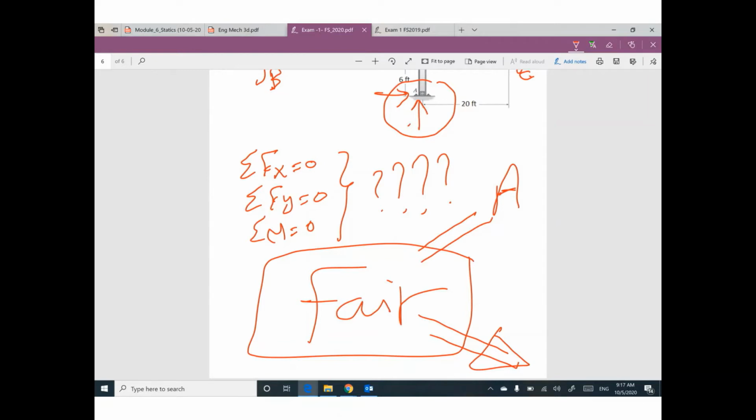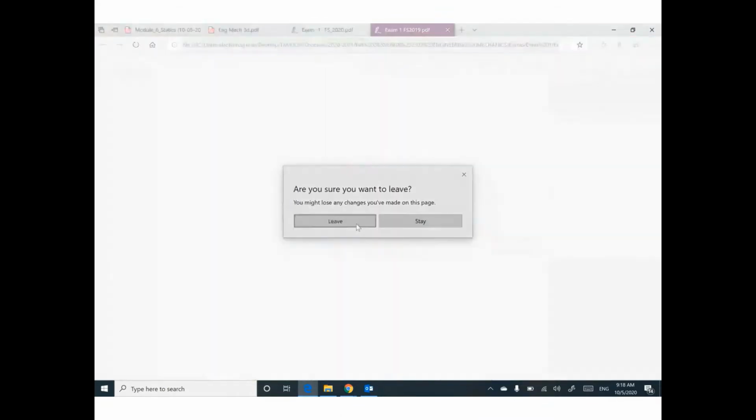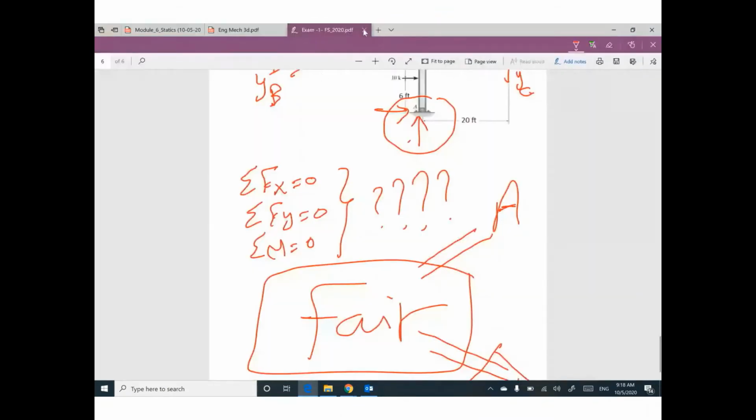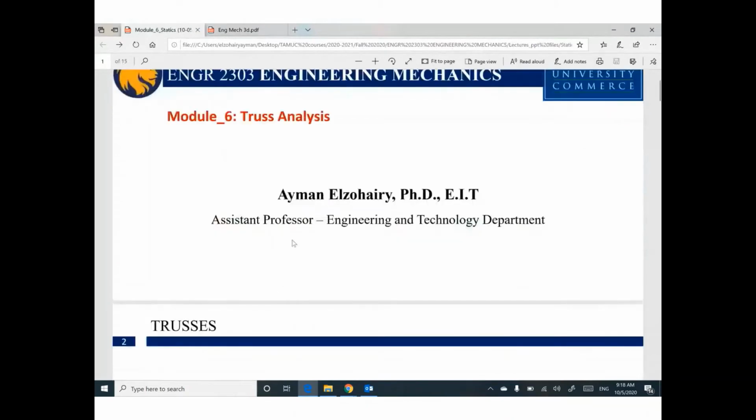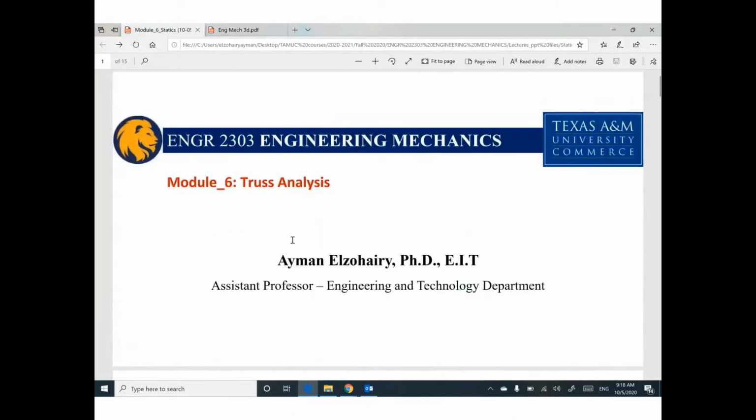Then you pass. At the first meeting in this course, I told you this course is to learn something and to improve your GPA. Anyway, this problem is a quiz, the quiz after the exam, so don't forget to submit this problem to consider it as a quiz.